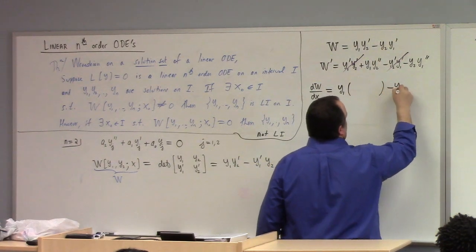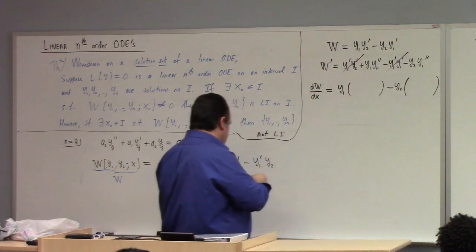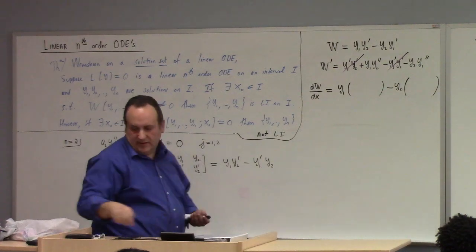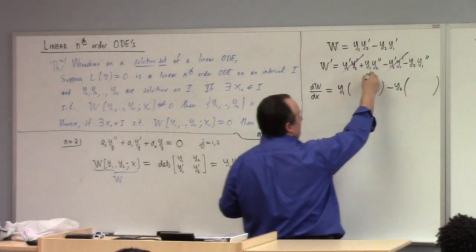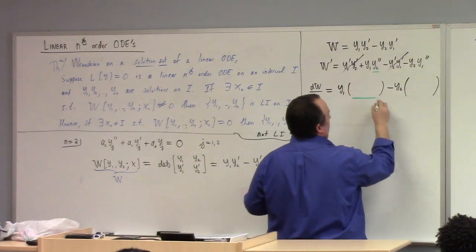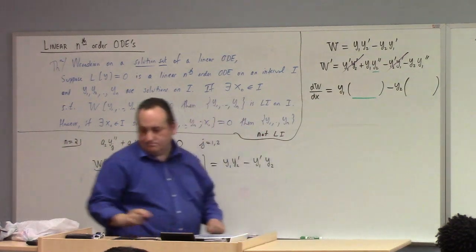And then minus y2 times y1 prime prime. But I want to point out to you guys, what do we know about y1 and y2? What do we know about them?